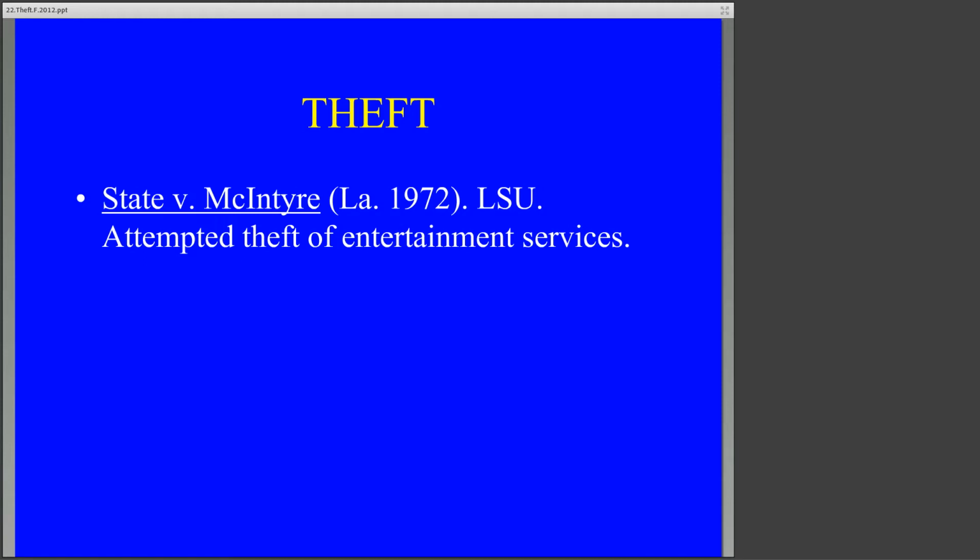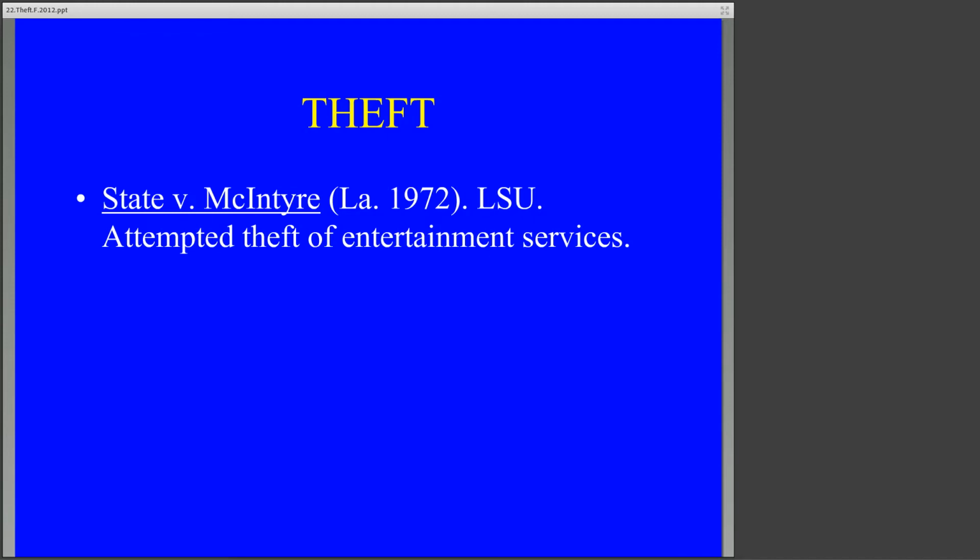Well, in this particular case, we have one Amos W. McIntyre, who was charged on the 9th day of October in the year 1971, in that he unlawfully attempted to commit a theft of entertainment services valued at $7, the property of LSU Athletic Department, by fraud and misrepresentation.